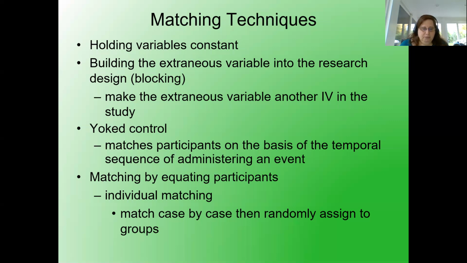Then you could match by equating participants. So you could equate participants on a potential extraneous variable. And you can do that to match case by case and then randomly assign to groups. Now, the disadvantage of that is you have to figure out which variables you really want to match on. What's really the most important here?